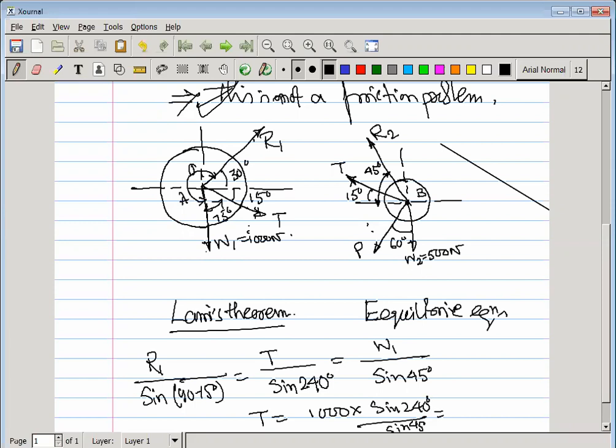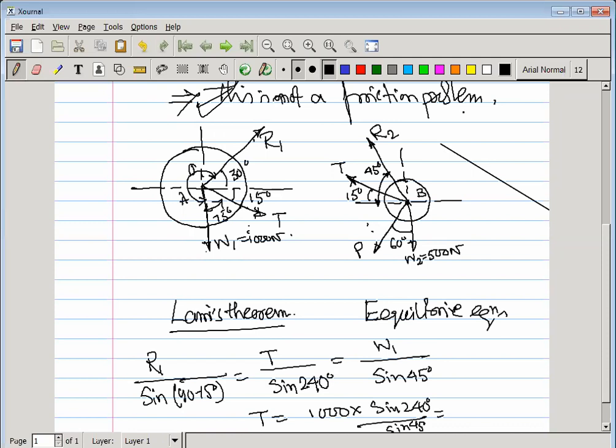Please calculate and tell me what is the value. Sorry for some disturbance.